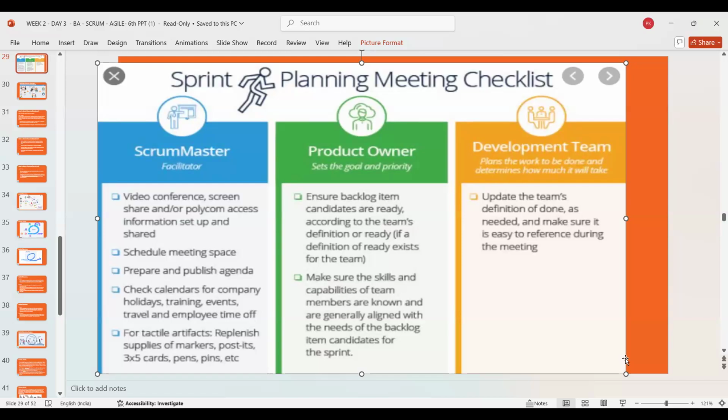Schedule meeting space. The first point talks about virtual meeting. The second point talks about in-house or in-person meeting. Now you may ask, what's the big deal about it? Why is it of so much importance? Let me tell you, in many organizations, the ratio of meetings to conference rooms is inversely proportionate.